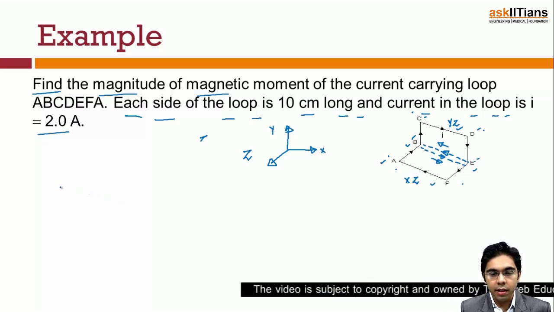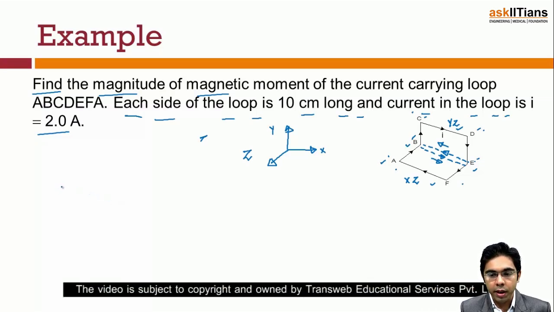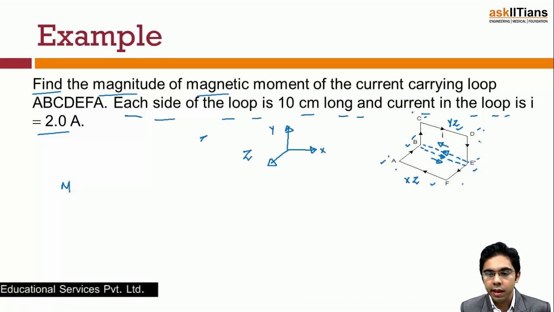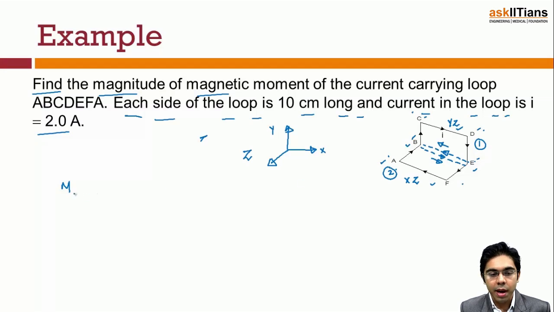Now let's look at the magnetic moment. Let's take this as loop 1 and this as loop 2. Now what is the magnetic moment of 1? Curl your fingers, and this magnetic moment will come out to be in which direction?